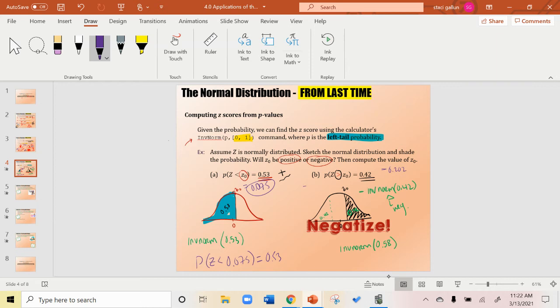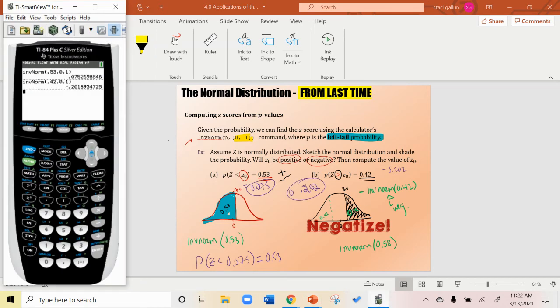So I'm going to have positive 0.202. That's the same thing if I went into my calculator in second distribution and I went down to inverse, and instead of doing 0.42, I did 0.58. Wow, I get the positive version of that. So you can also think about it that way as well.